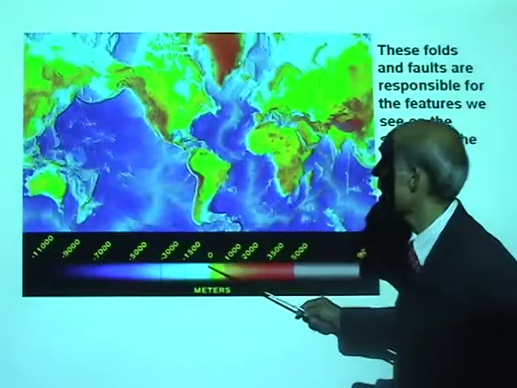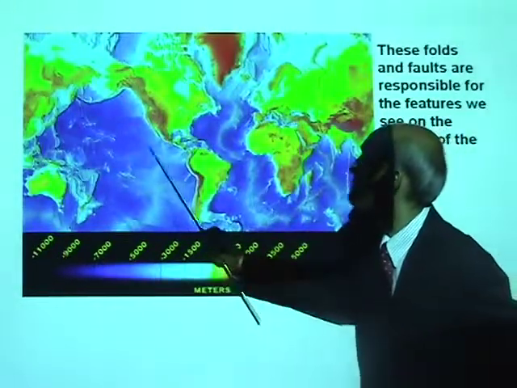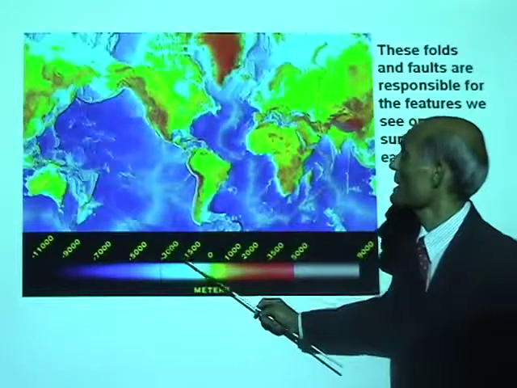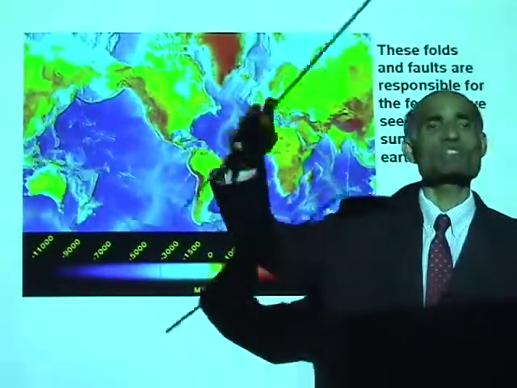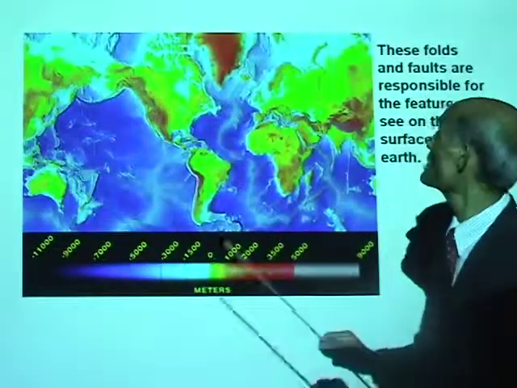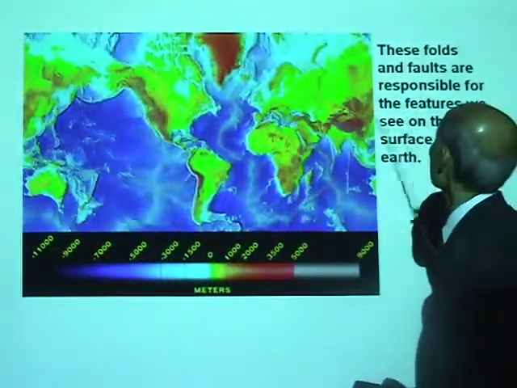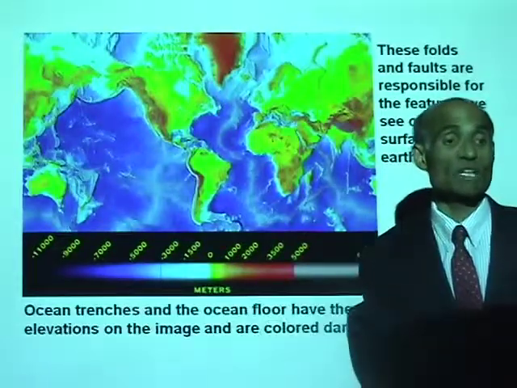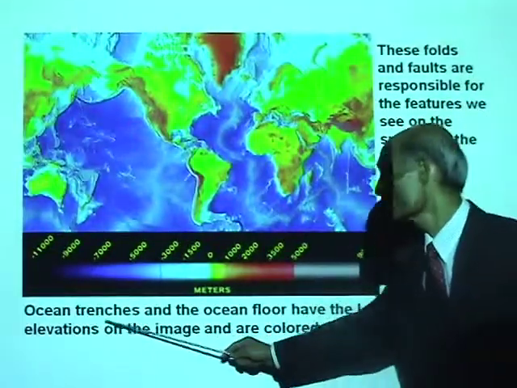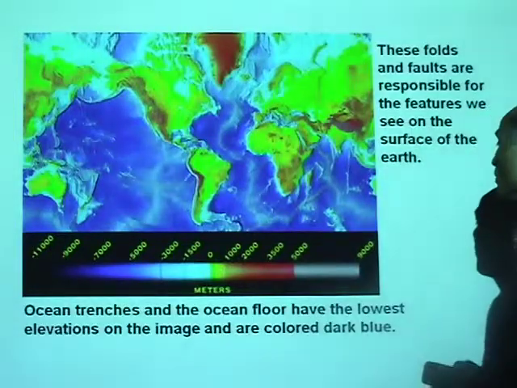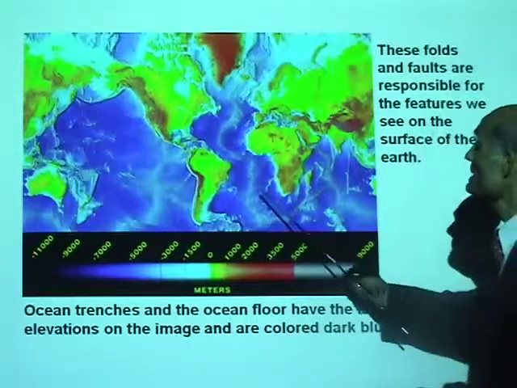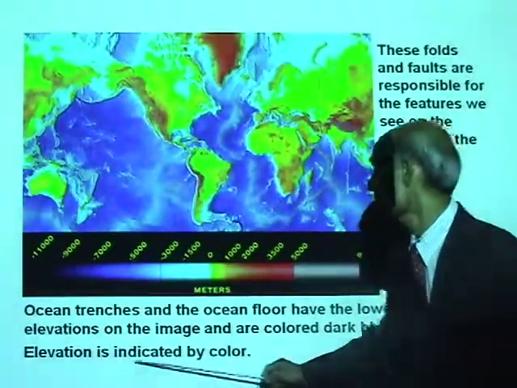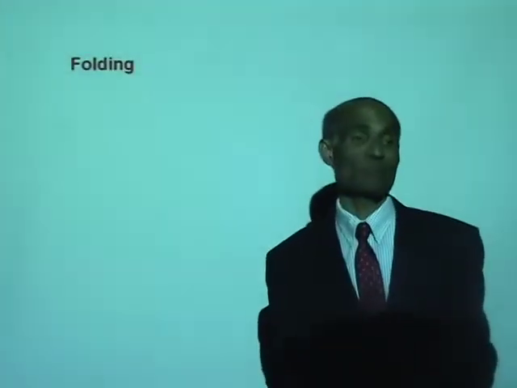This is the sea level here. As you go deeper in the bluish areas, it's becoming deeper and deeper, and all these changes on the surface of the earth are actually caused by the folding and faulting of the rock pieces. So ocean trenches and ocean floor have the lowest elevations on the image and are colored dark blue, and elevation is indicated by color. Let's now talk about folding.